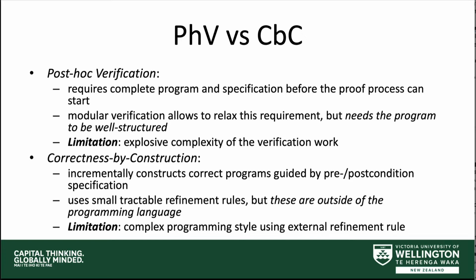Perhaps you can have a method where it will have the pre and post condition, and you will then slowly refine it until you get to the actual code through a set of what's called refinement rules. Often these are outside of the actual language, but they will guide you towards constructing a program that will always maintain the correctness given the specification by construction, hence the name. And then for this version of the strawman, we say, well, it may be a little bit more complex because you have to follow these refinement rules, and often this may not be part of the language.